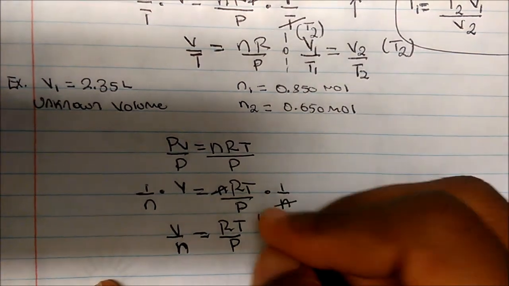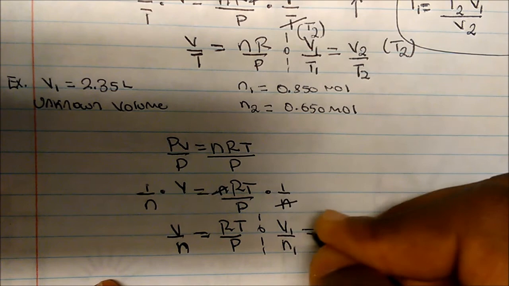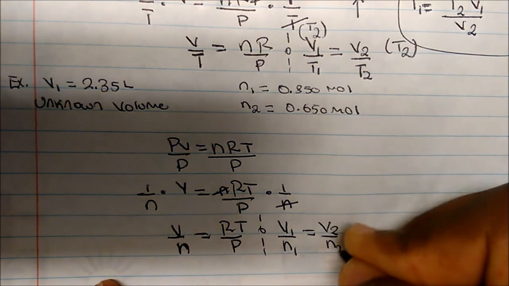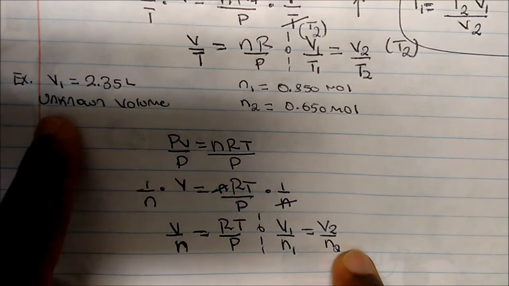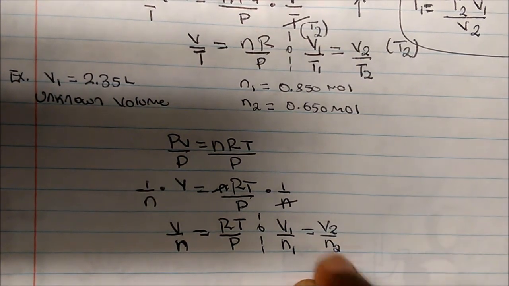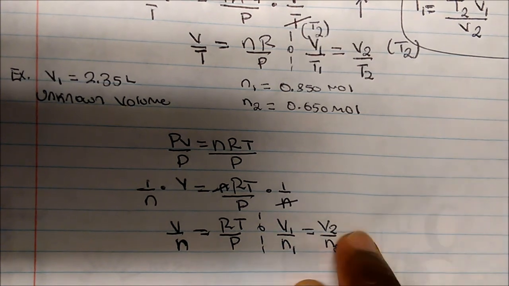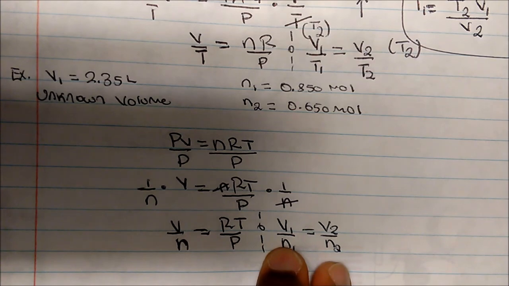That means that I could just drop everything else. So in this case, I'm going to say V1 n1 is equal to V2 n2. And this is the equation we will use. It looks as if we're solving for V2 here. So the only thing left for me is to multiply by n2 on both sides, and that will just isolate V2. Okay, but this is the form that we need to be able to get to.